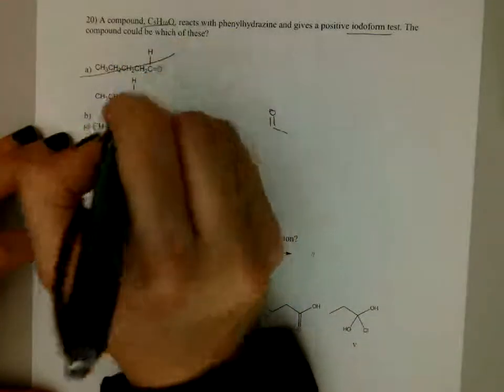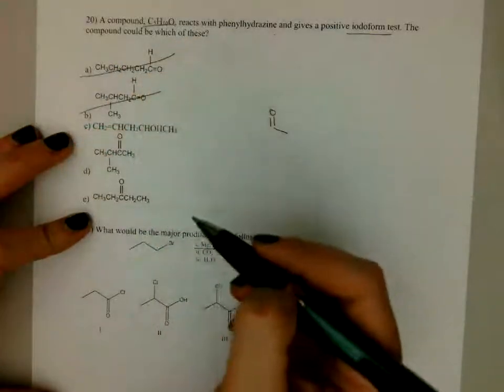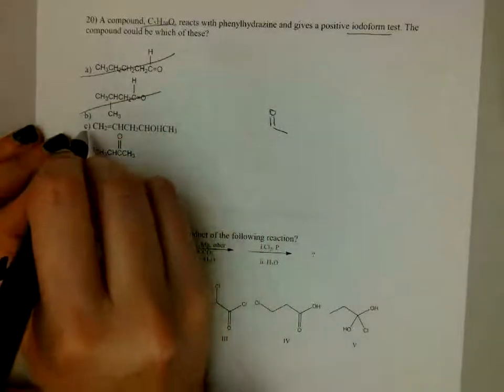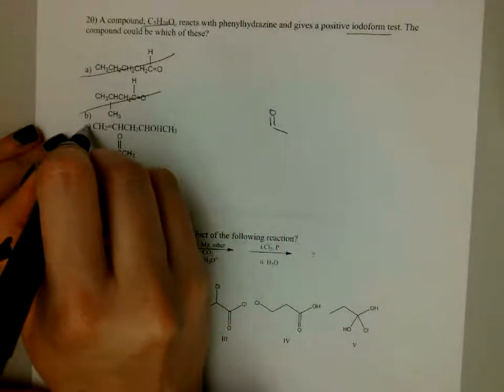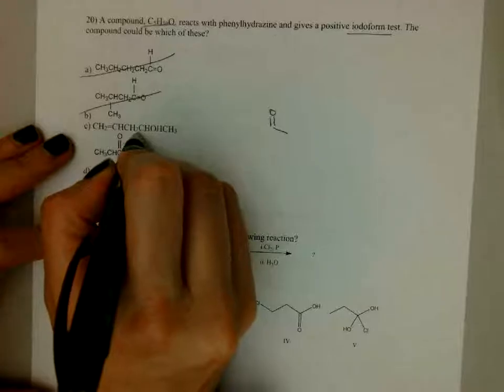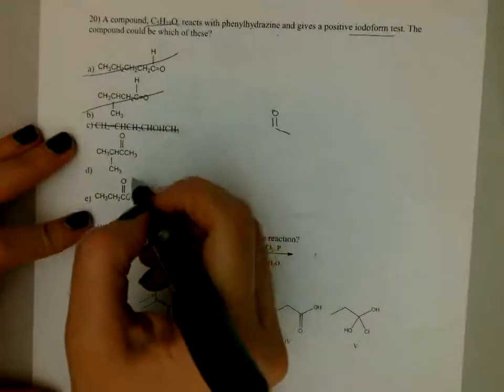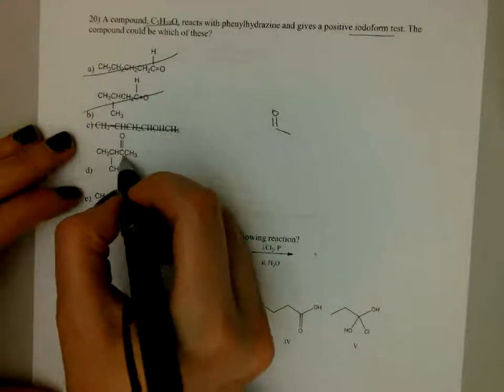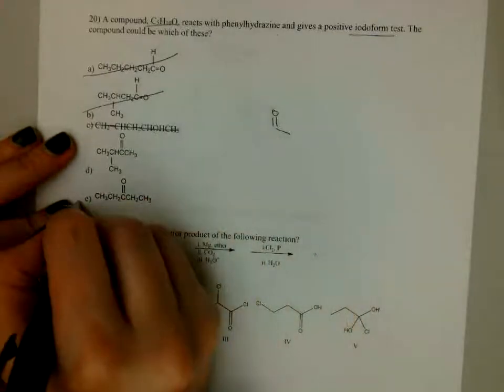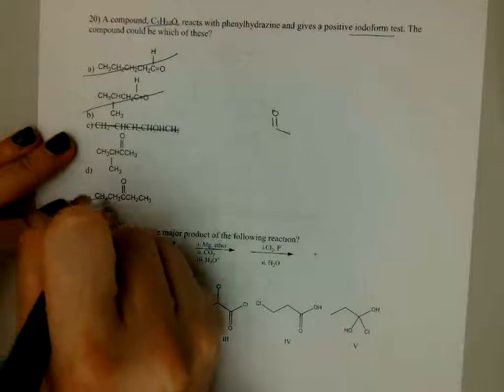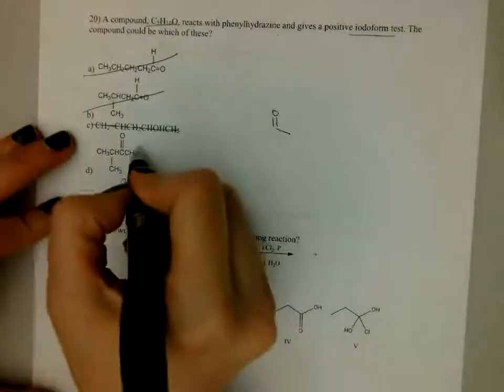So that gets rid of the aldehydes. This one doesn't even have a ketone at all. I think it has an oxygen in the middle. So if you just know that an iodoform needs that, then you can narrow it down to answer D.